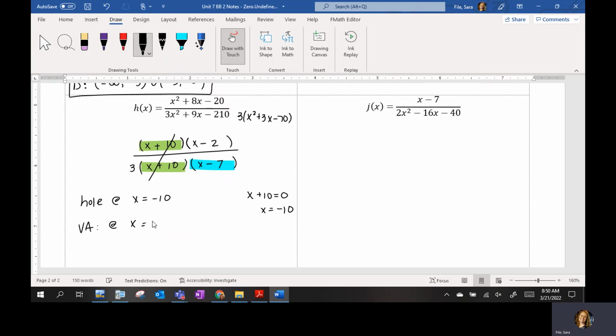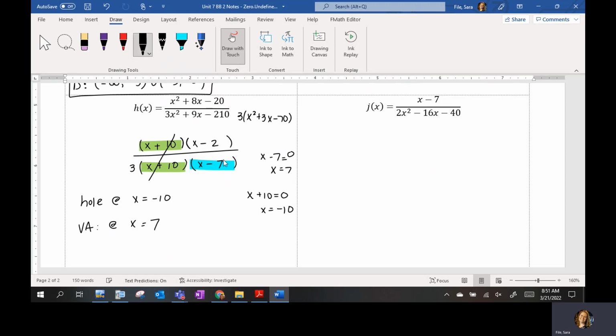Positive 7, right? Again, if you need it off to the side to solve it, you're saying where is x minus 7 equal to 0? And you would add the 7 over and get positive 7. My pen all of a sudden is really laggy. Sorry about that.